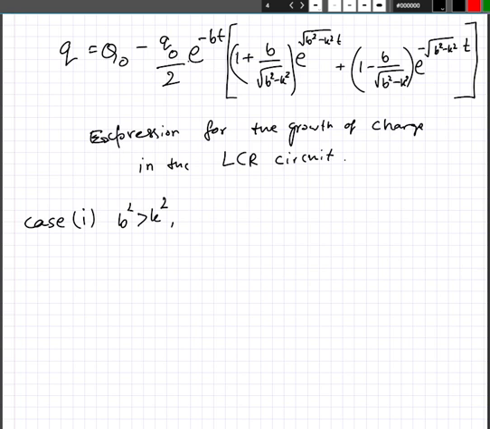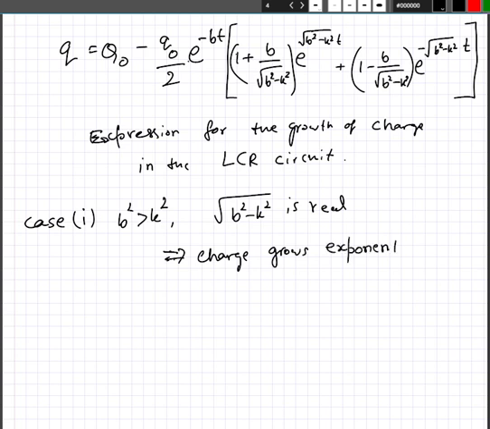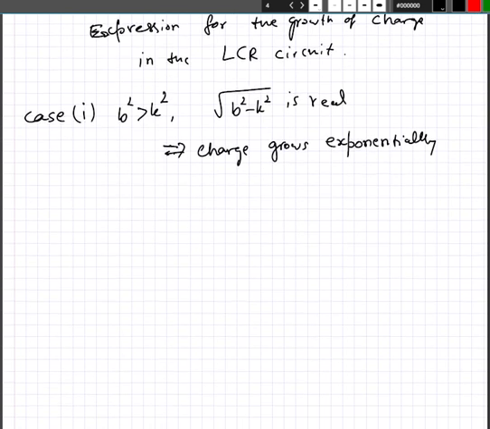If B square is greater than K square, square root of B square minus K square is real. Square root of a positive number is real. Therefore, that implies charge grows exponentially.